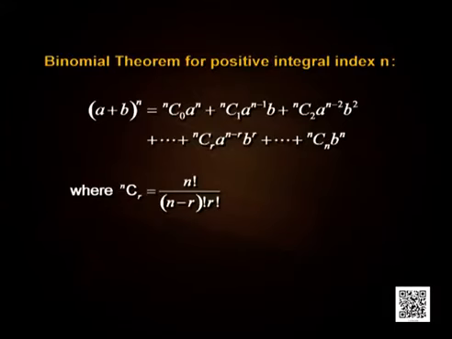And the last term would be nCn b^n, where of course nCr takes the value n! / ((n - r)! r!). This is a very famous result which you will need and use for a long time.